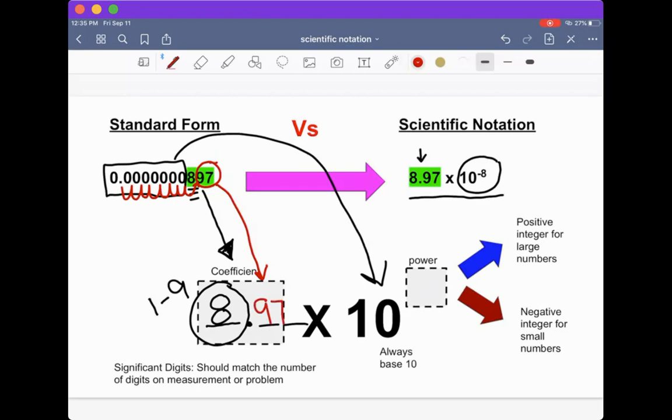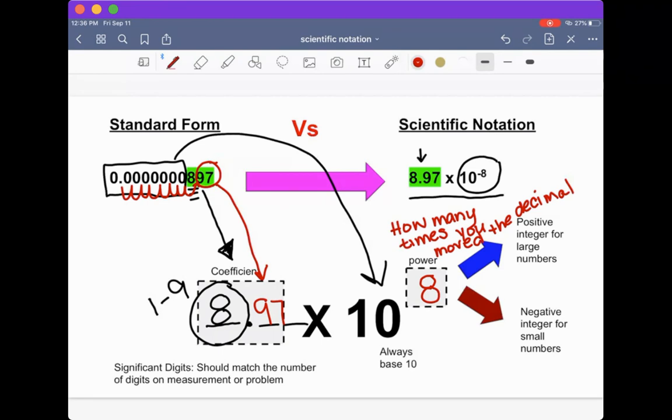Now I moved it 8 times, so that 8 becomes my power. That's how many times I moved that decimal. That's what that stands for.